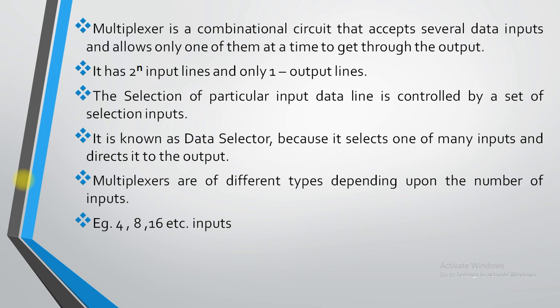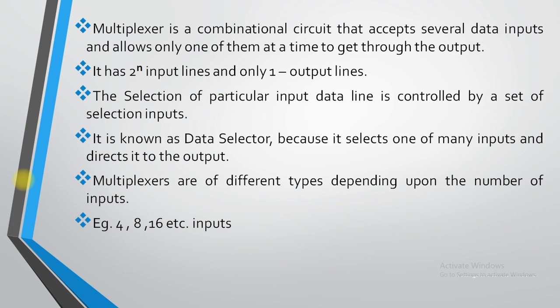Two more lines we are going to use over here, which are referred to as selection lines. So multiplexer is also known as data selector. What is the responsibility of a data selector? It is responsible to select one of many inputs and send it to the output.